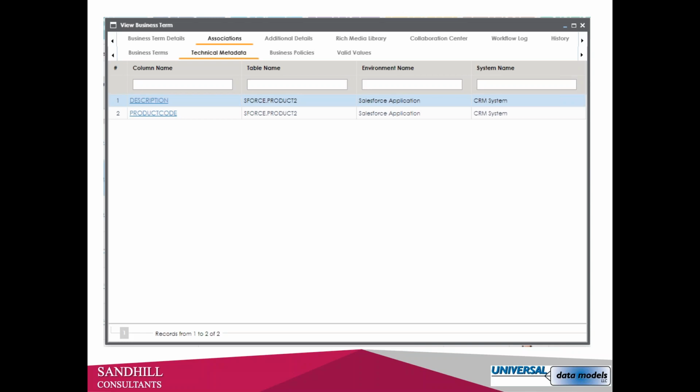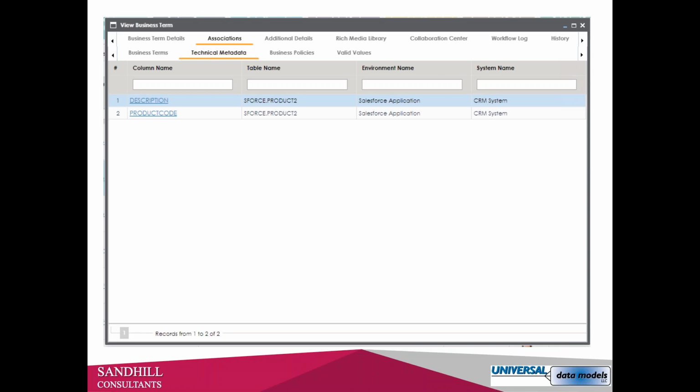In the column name, this is where we'll see abbreviations for a term in technical notation, the table name, reference to what table we'd find it in, environment name, what is the name of the application that contains this, and the system name, what is the system that contains it. So in this case, it's the CRM system running the Salesforce application that has a table called product 2, where we can find the product code and the product description.